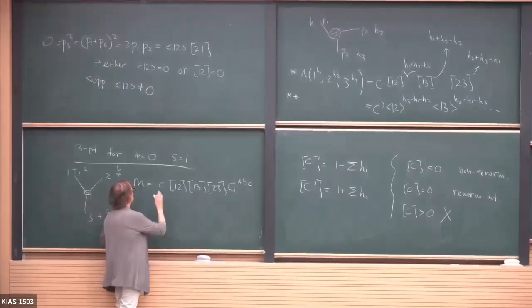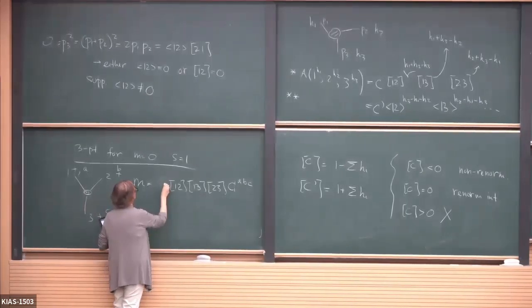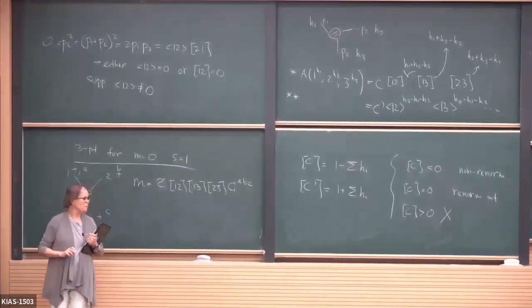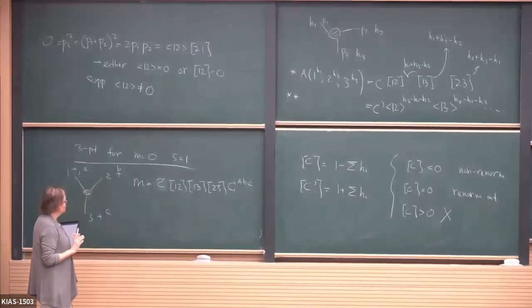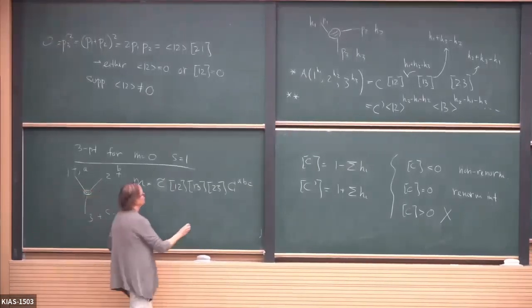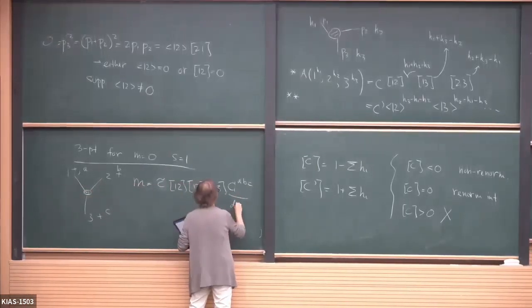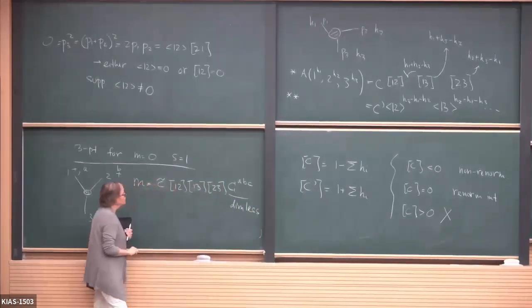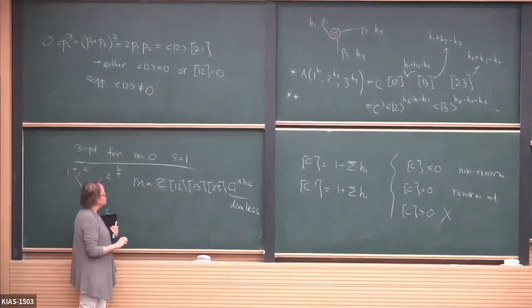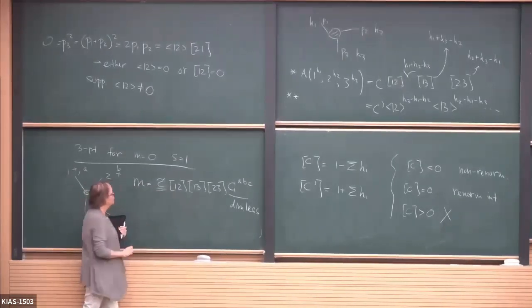So, okay, but you know what? No letter is good, so let me put a c tilde. Okay, so this guy I want to be dimensionless. And first of all, let's talk about the c here.